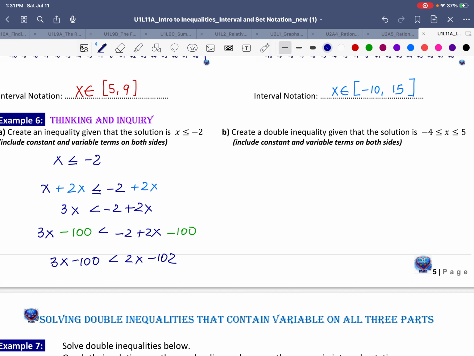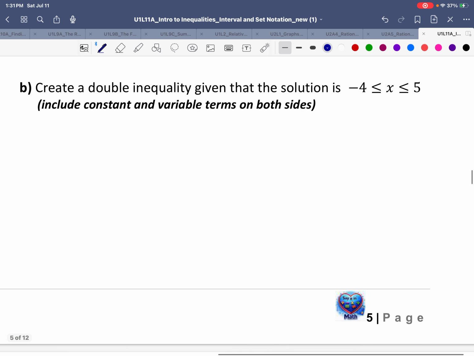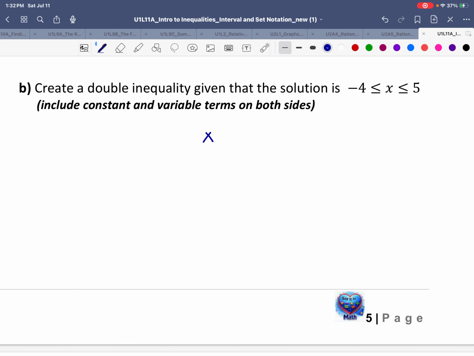Now, in the next one, what we have is create a double inequality with a given solution. In principle, we do the exact same thing. So we're going to start off with the solution itself, which is an inequality on its own. And then if we want to make this inequality a little bit fancier, then we can just add or subtract the same terms to all three parts of it. So if I want to bring variables everywhere, I'm going to bring, let's say, for example, 2x everywhere.